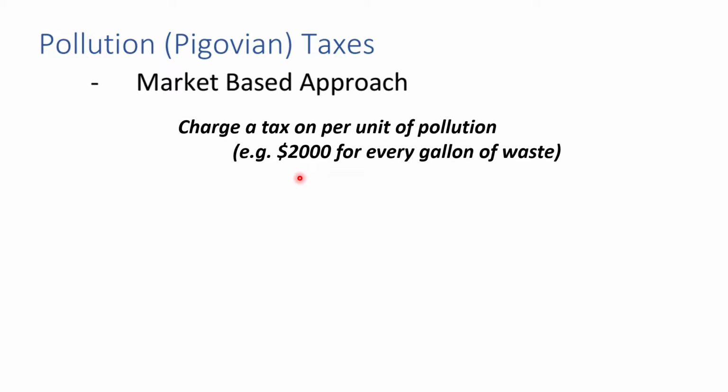Then the proper amount of the pollution tax will be $2,000 on every gallon of waste. The idea is that if we charge the proper amount of tax, meaning the marginal damage done by the pollution, this Pigouvian tax will result in an efficient outcome.